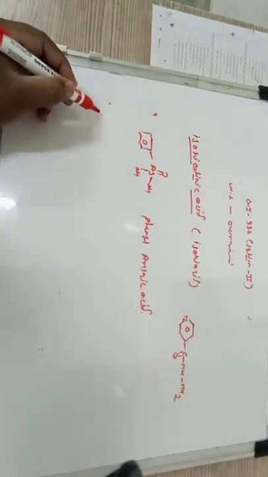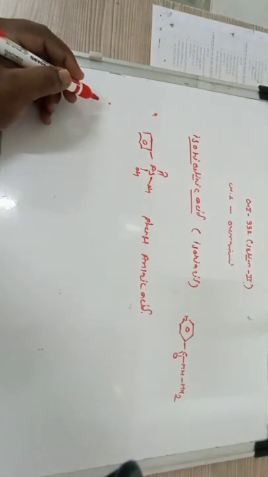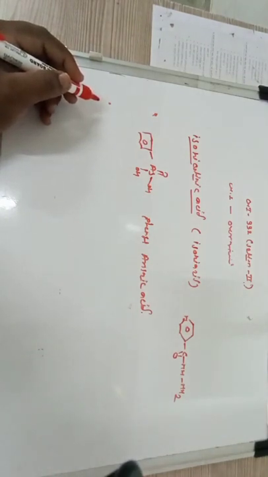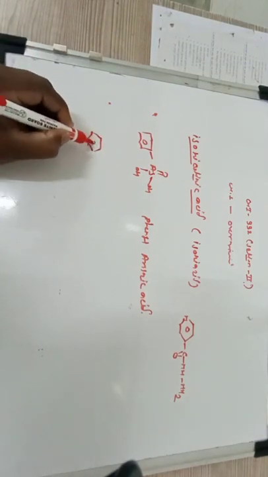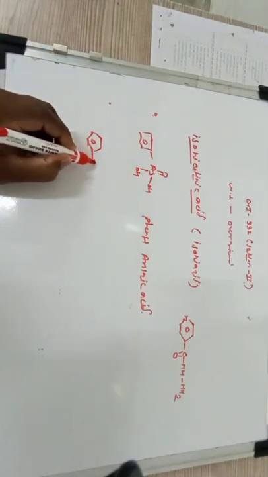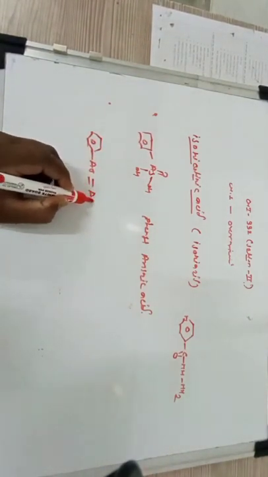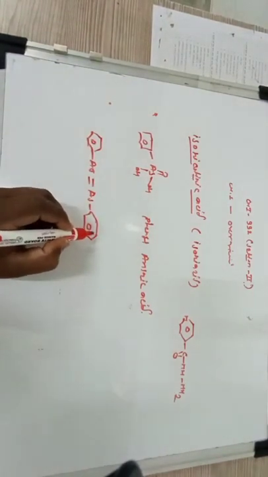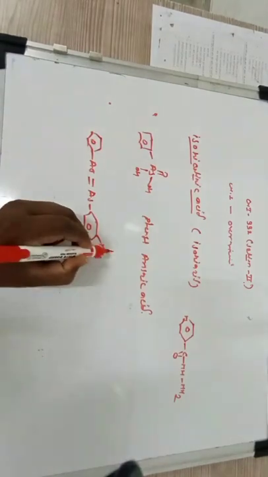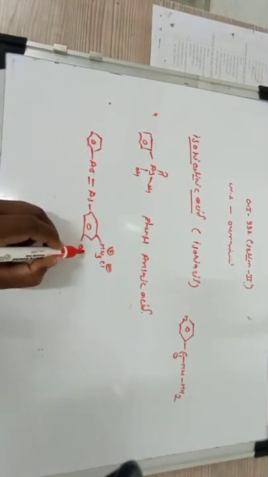Again, another example of this metal ion, that is arsenic. We are very much familiar with this complex. Double bond As is there, then it has NH3 positive Cl minus, and this is your OH is there.